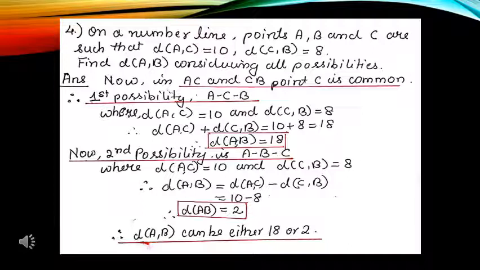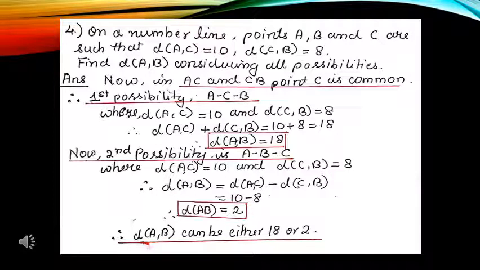Second possibility. Now, we can also have the arrangement of C in such a way that A, B and C. Can you see here I have underlined it with a red pen. So here, if C is placed like this at the extreme end, AC given is 10 and CB is 8.